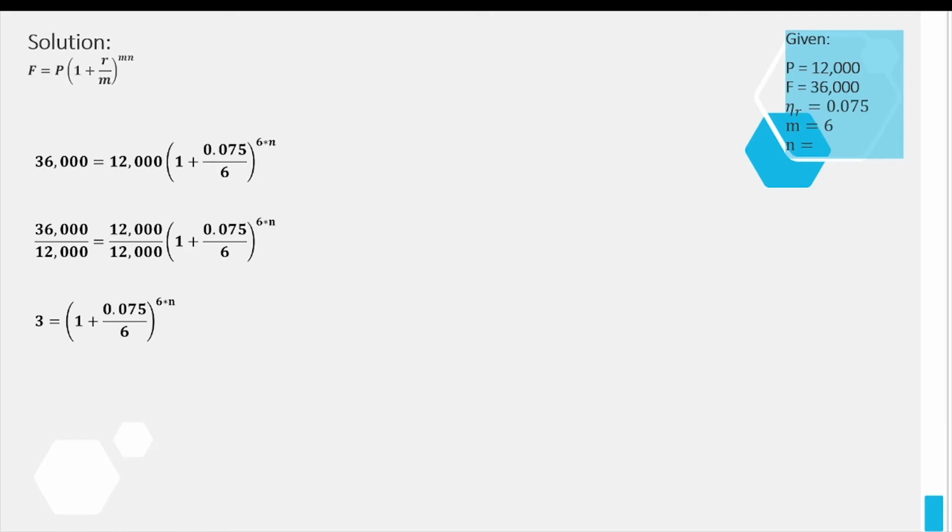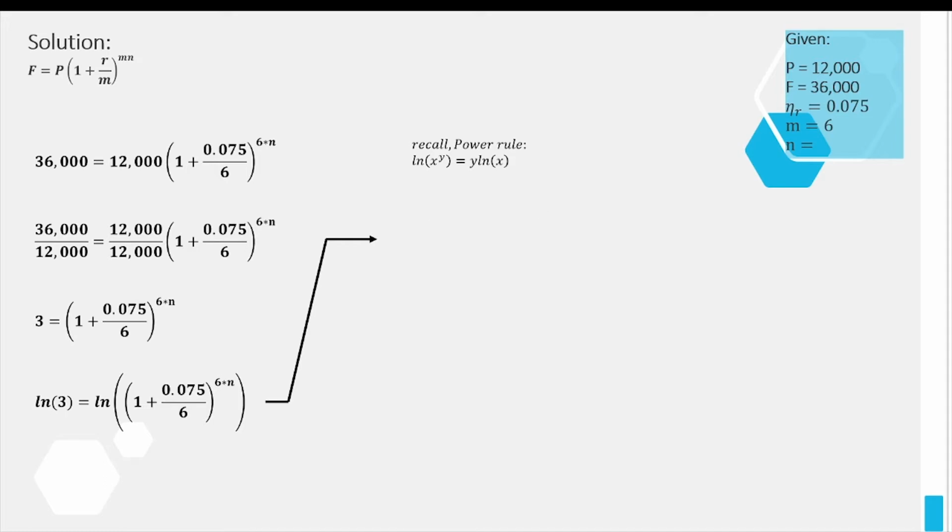Applying the laws of natural log, we can equate both sides of the equation to find n, which is ln of 3 equals ln of the quantity 1 plus 0.075 over 6 raised to 6 times n. Recalling the power rule, which is natural log of x raised to y equals y times the natural log of x, we obtain ln of 3 equals 6 times n times ln of 1 plus 0.075 over 6.